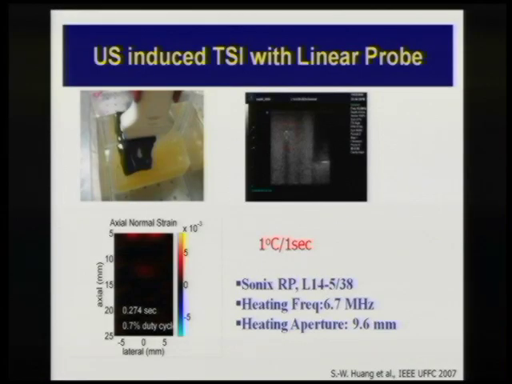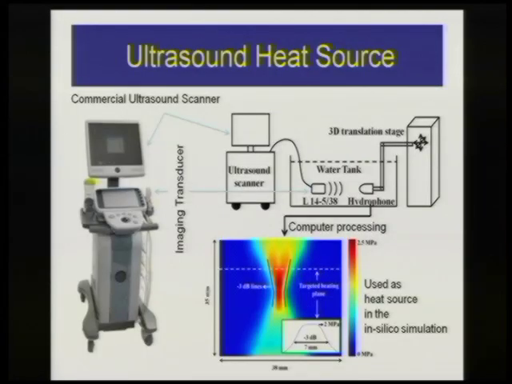We demonstrated the feasibility of this concept using commercial ultrasound, but this obviously has a limitation, just because this transducer was designed for imaging, not for delivering energy to heat tissue. So with this imaging transducer, we were able to show the concept, but it has a limitation, as we measured the beam pattern of that transducer in our water tank.